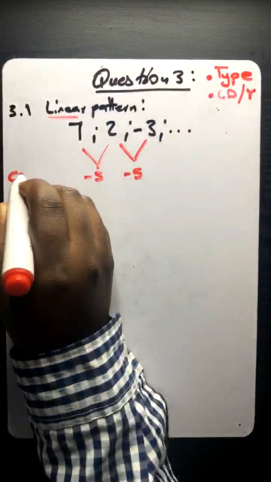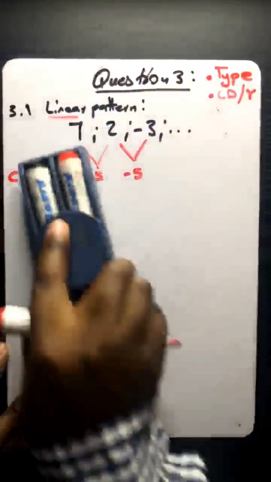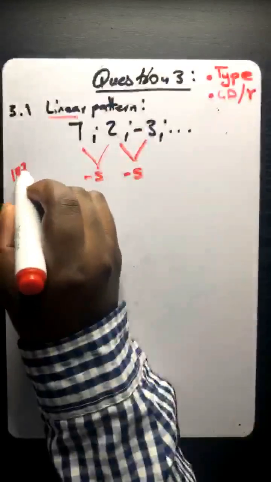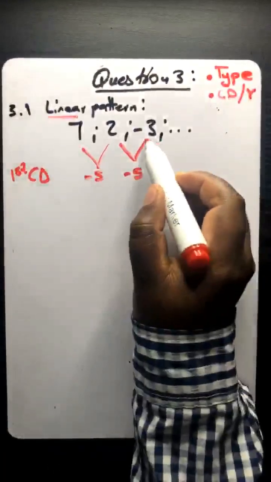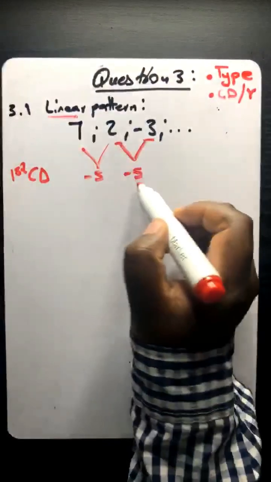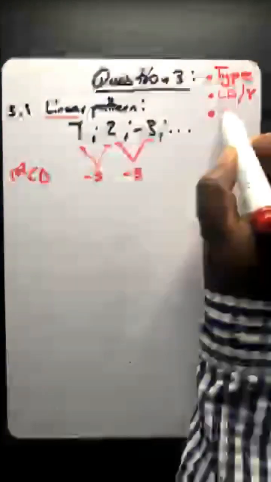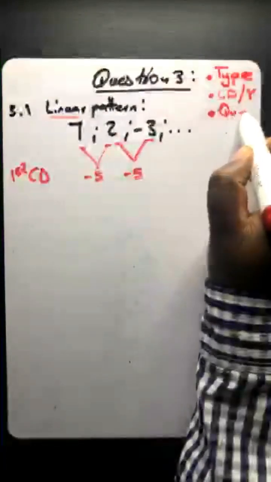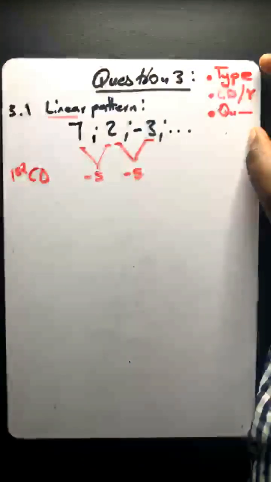You already got the common difference, which is actually the first common difference. Why am I saying the first? Because this is the first line of me doing the difference of that minus that. It's common because it's the same. So once you have done that, then you can confidently go for the questions. So that is normally the process that I go through when dealing with this chapter.